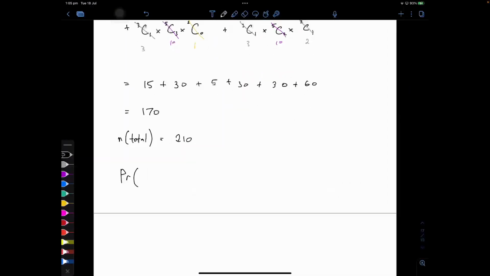So we ended up with at least one green and at least one red. So these are the ones. That's 170 over 210. That's 17 over 21.